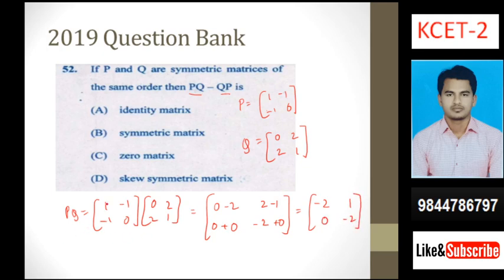Now find the value of QP. Q means 0 2 2 1, P means 1 minus 1 minus 1 0. It is equal to 0 minus 2, 0 plus 0, 2 minus 1, minus 1 plus 0.